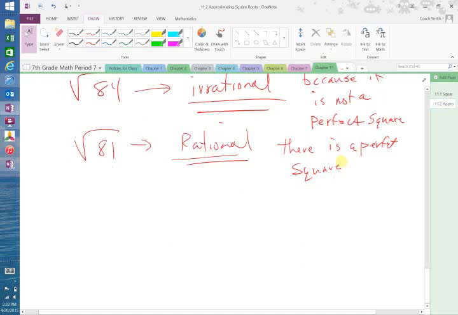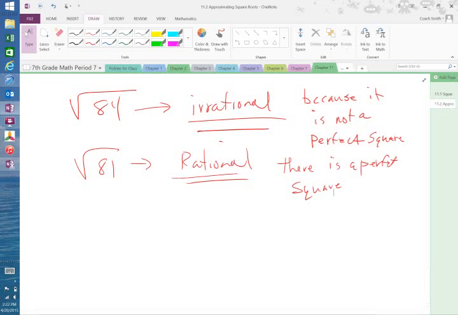Now, but the other numbers they're going to look at here, okay, irrational numbers are those numbers that never end. They're infinite. Okay?